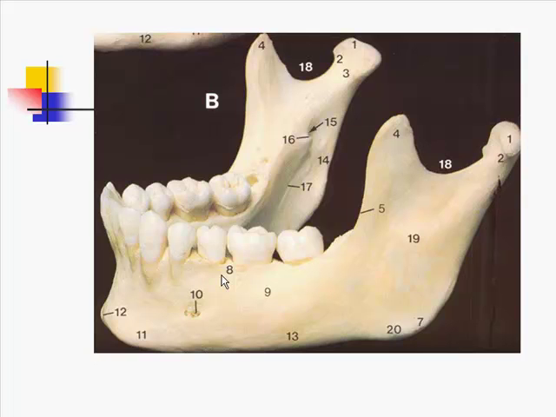If we're looking at 7, we're looking at the angle of the mandible. 13, the inferior border, mental foramen. 8 is the alveolar process. 9, they're pointing to the body. 16, the lingula. 15 would be the mandibular foramen, which is where the inferior alveolar nerve and artery enters, I should say. 17, they're actually pointing to the mylohyoid line.